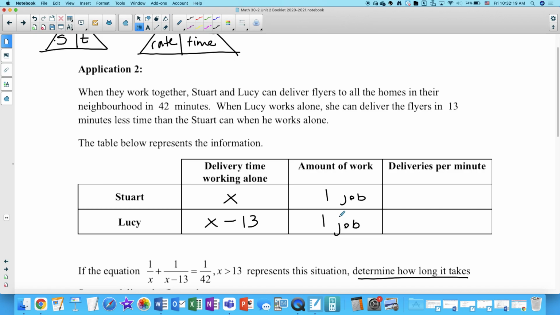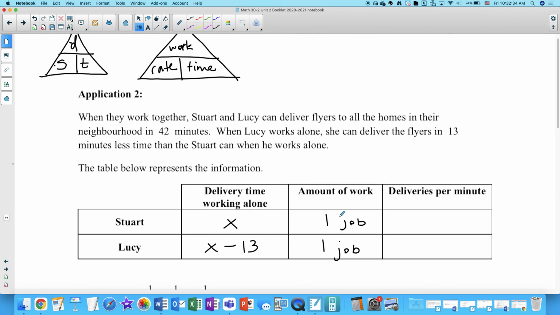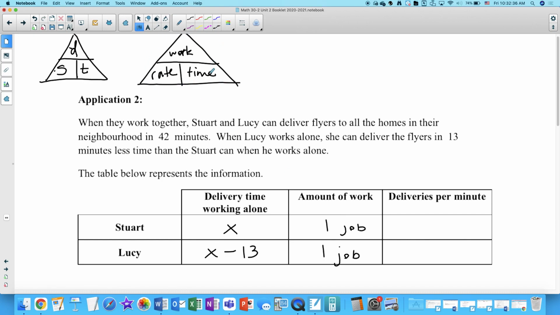Okay, so the rule is: in one column, you introduce a variable and fill that column out using that variable. In the other column, you should know that from what's given in the question. In the third column, you need to use this relationship and the other two variables to get the third column.